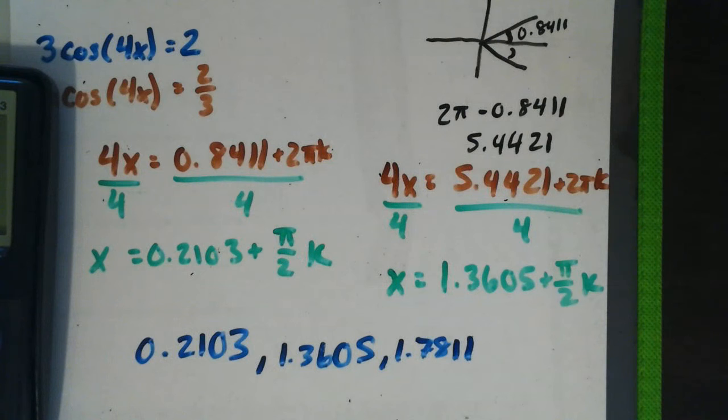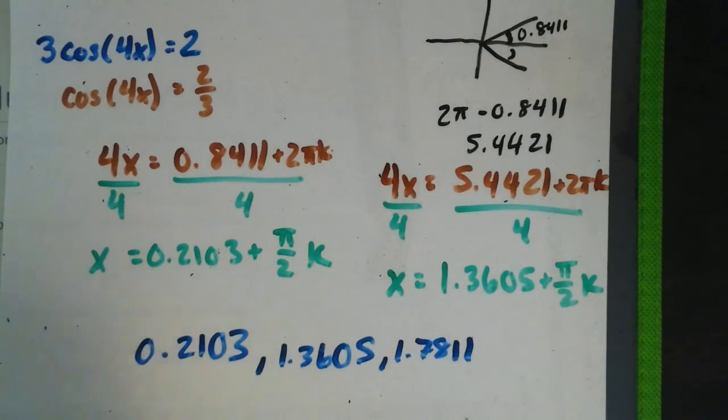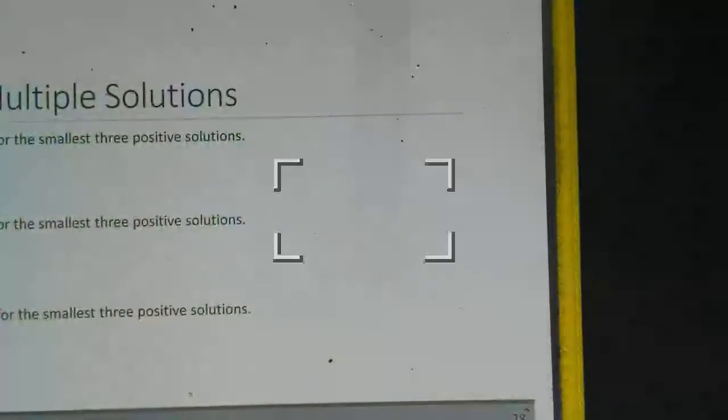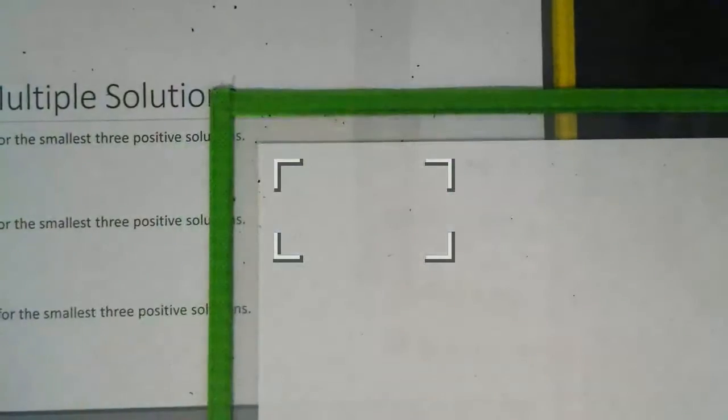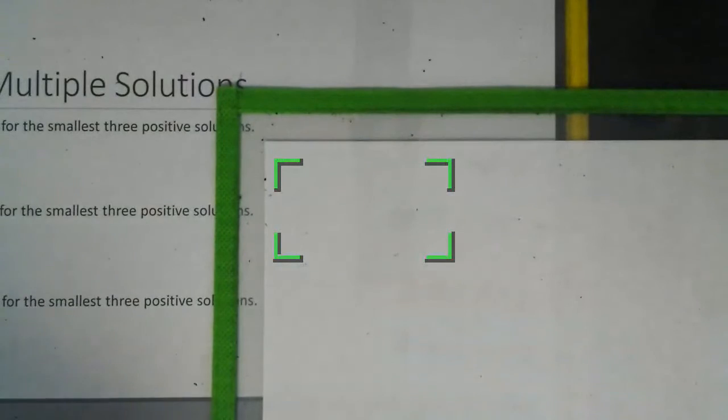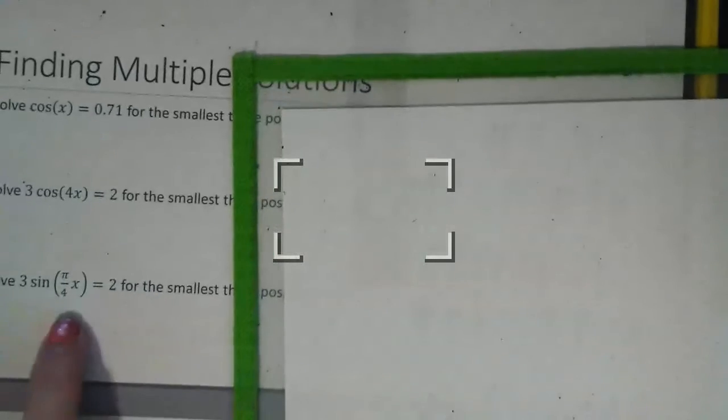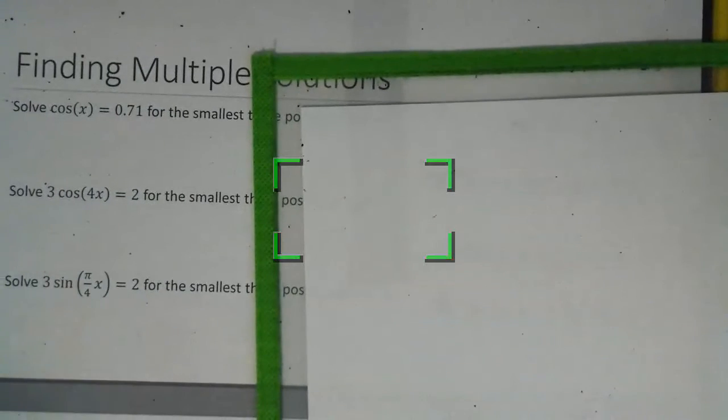You might be asking yourself, what if this was in degrees? This is how you would work it in radians. Oh man, we can't do this one in degrees, it just screams radians because of the pi.